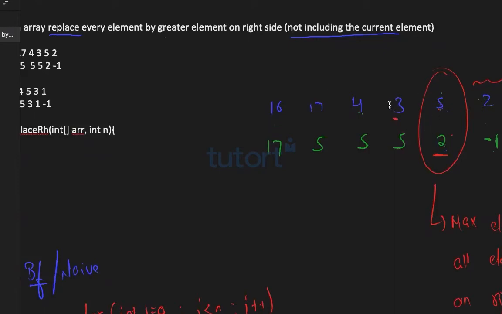Now, if we look at 3, how do they make sense for 3? This 2 is the maximum element among all the elements after the next element. So 5 is the next element for 3. 2 is the maximum of all elements after the next element.